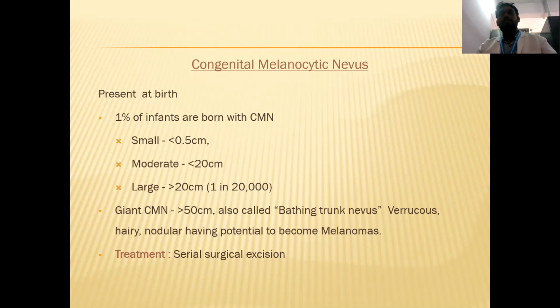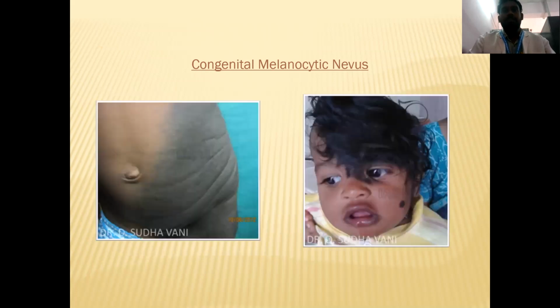So treatment of giant melanocytic nevus will be serial surgical excision. And you can see a large congenital melanocytic nevus which is involving the lower half of the abdomen and also extending to the left thigh.